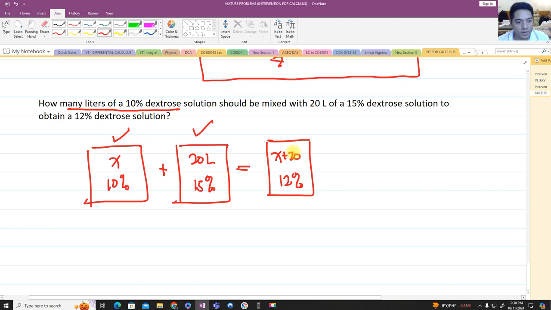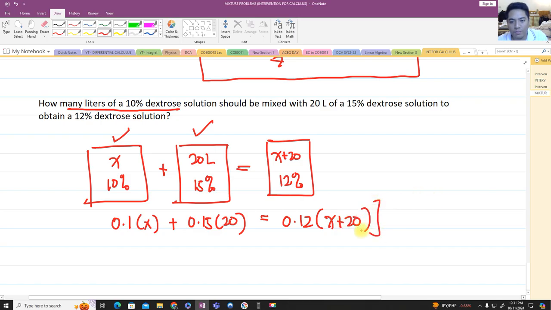Okay. So using the equation, we have 0.1 times x plus 0.15 times 20 equals 0.12 times x plus 20. So multiply both sides by 100. So you have 10 times x plus 15 times 20, then you have 12 times x plus 20.